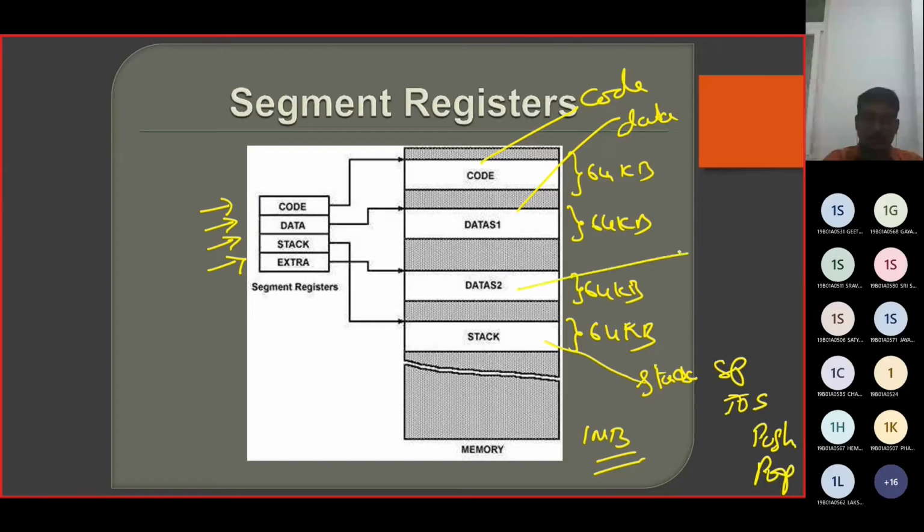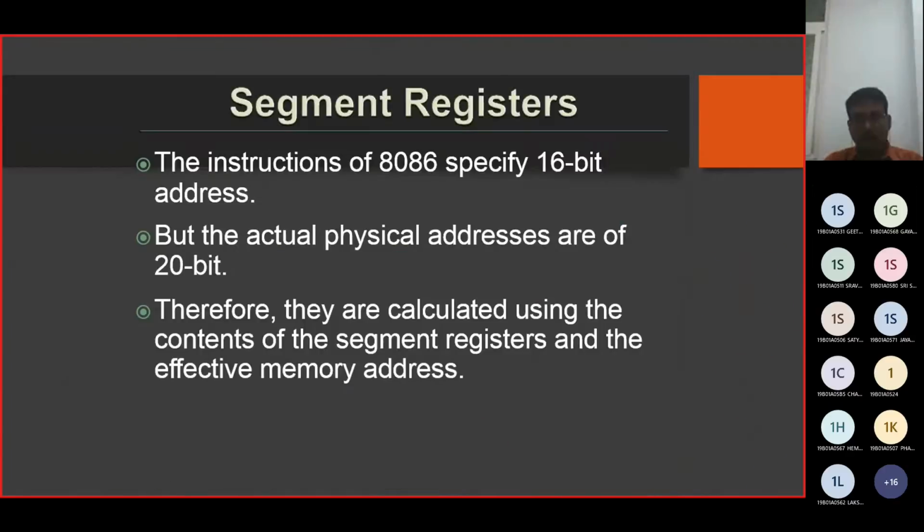The extra segment holds pointers and indexes. Up to here, it is a clear-cut understanding.